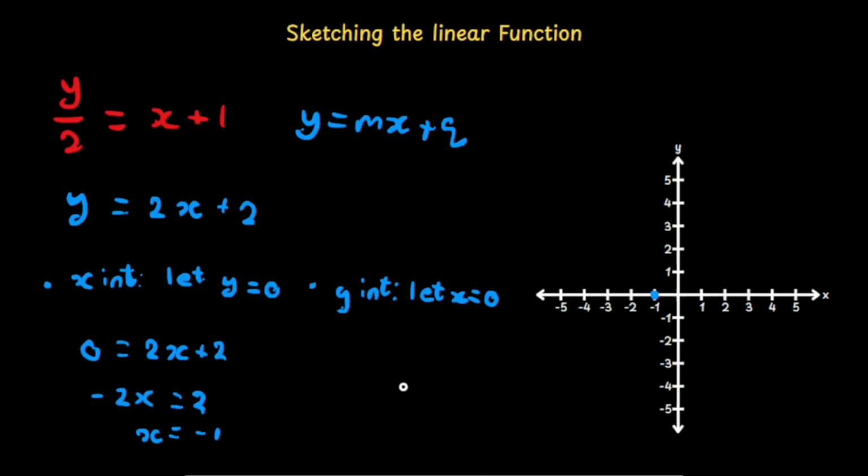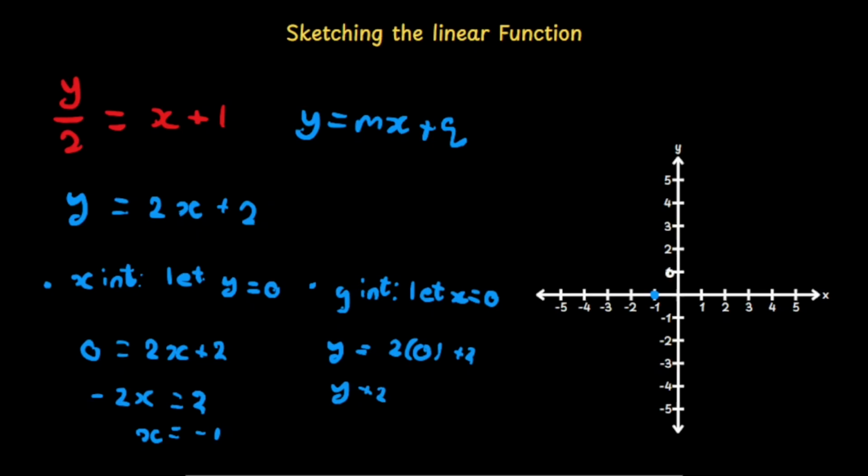Substituting this point into our equation, we get y is equal to 2 times 0 plus 2. And simply 2 times 0 is 0, and adding 0 to 2 will give me an answer of positive 2.